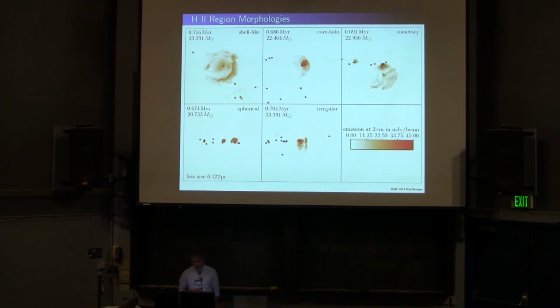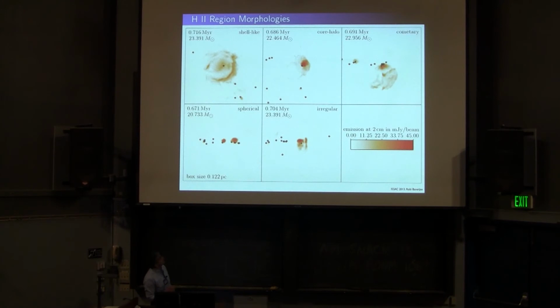And Thomas Peters did here, for instance, synthetic maps of radio emissions, so 2 centimeter lines, which you can observe with the VLA here.